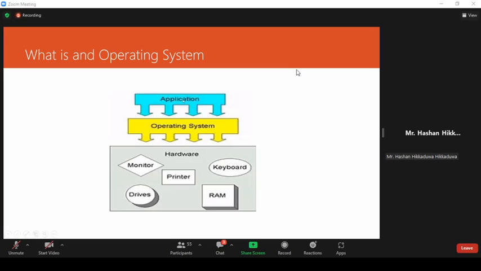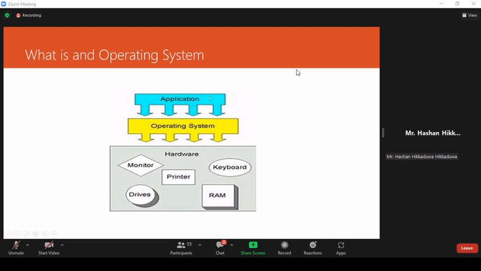Here you can see the applications in the upper part. Then you have the operating system and the hardware, right? Maybe drives, then RAM, maybe keyboard, printer, and monitor. So you know application software works with different languages, right?